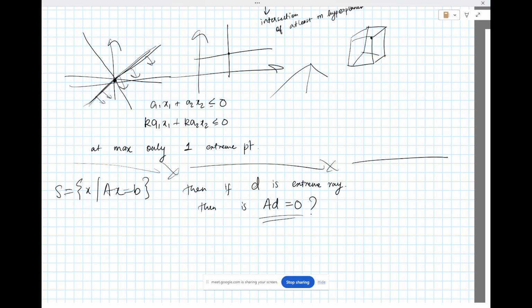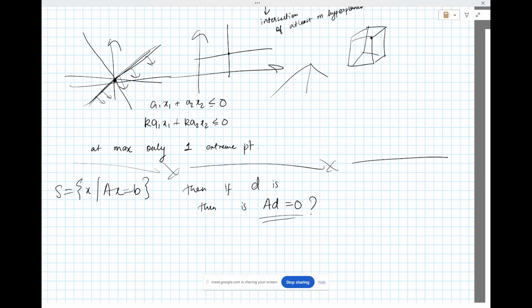It will satisfy the equation because it is going to be there in the constraint boundaries. Yeah, how do we show? No idea. We just need to use the definition, right? If D is a ray, you don't even need extreme.